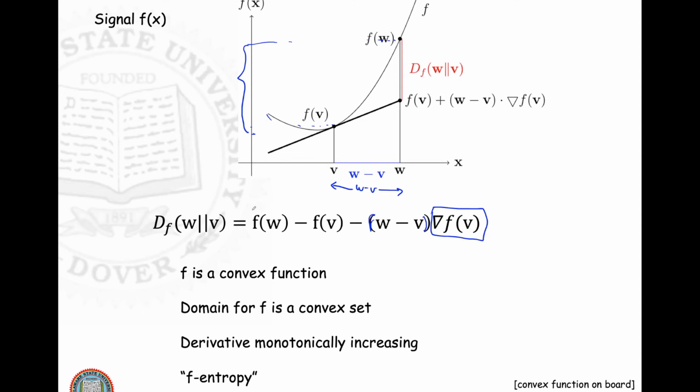And now what we're doing, we're comparing this rate of increase in f, our function, to the linear projection at the tangent of f at v. So here's our tangent line. That's the local slope at point f of v for that function.